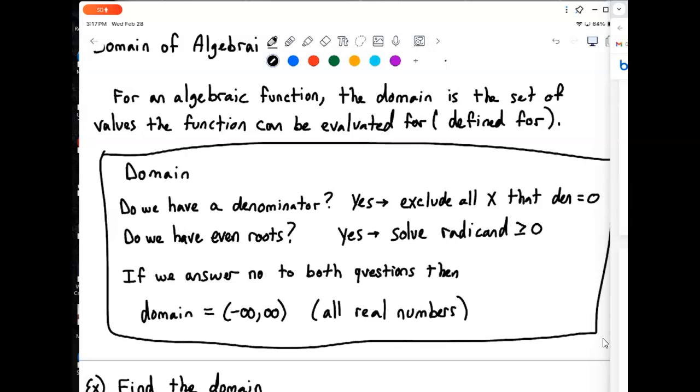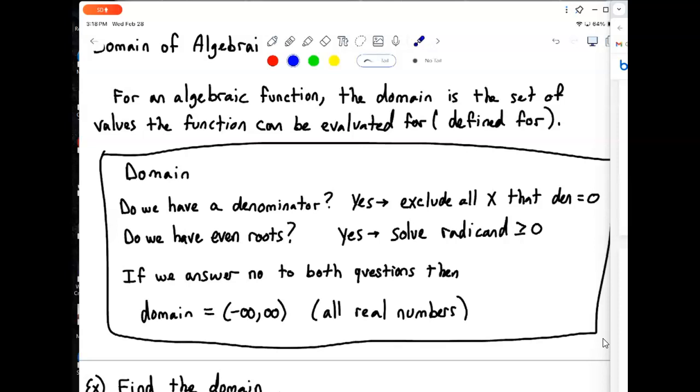But because that square root of 4 minus x is both part of the denominator and part of a radical, we can combine those two things into one problem. Normally, we're solving for the radical greater than or equal to 0.